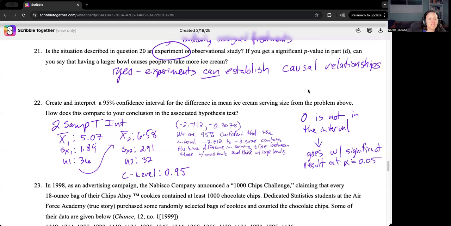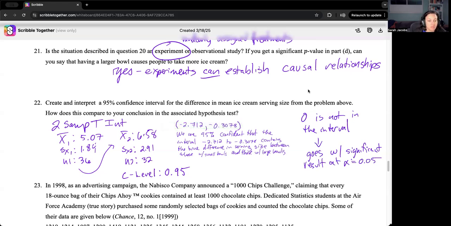So because we got a significant result in the hypothesis test, we're not going to have a possibility of zero in this interval. Conversely, if we just have the interval and we see that this is an interval for a difference and it doesn't contain zero, well, great.